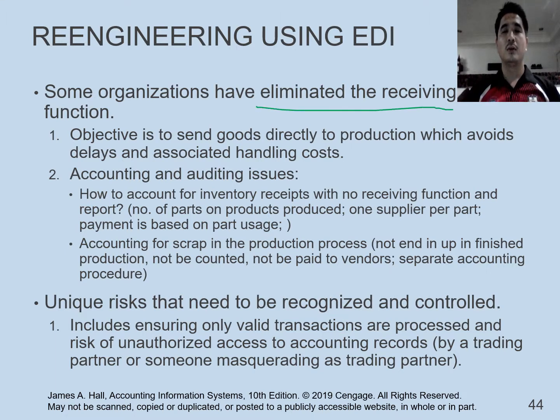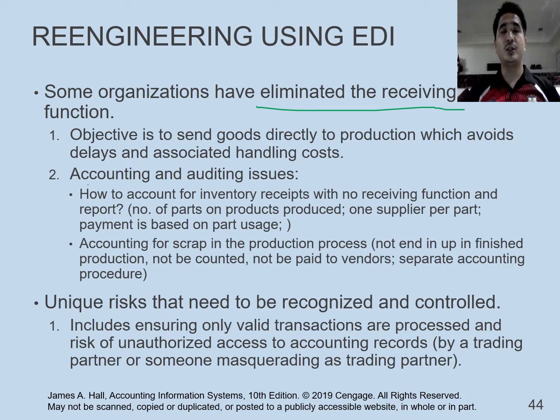As I mentioned, the receiving activities in purchasing and the shipping and delivery activities in the revenue cycle are the most difficult to automate. But in this example, it is completely removed because the objective is to move away from the receiving activities so that it avoids delays in the production and the associated handling costs.